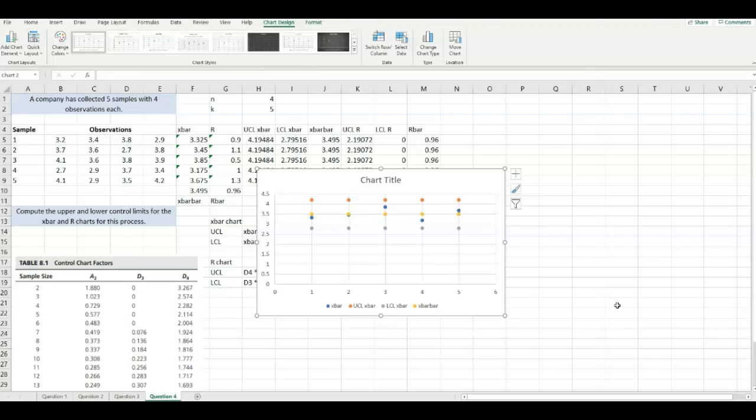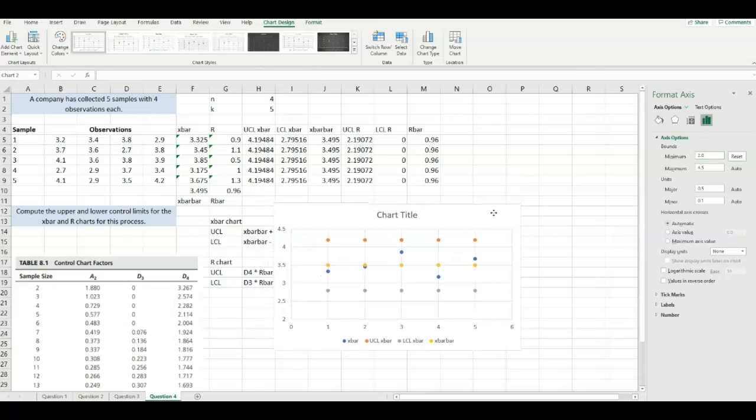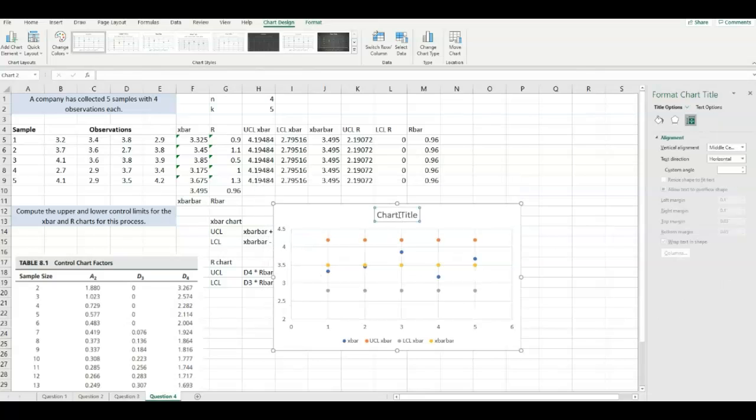And now things look a little bit better, but still not perfect, because we have all of this blank space down here. Well, if you have a bunch of blank space down here, that means that we can reformat the y-axis. So we'll format our axis. We'll put our minimum at about 2, hit enter, and now the X bar chart's looking a little bit better.